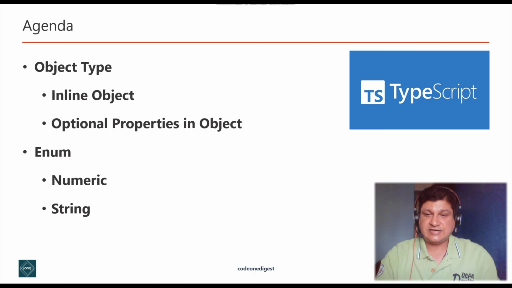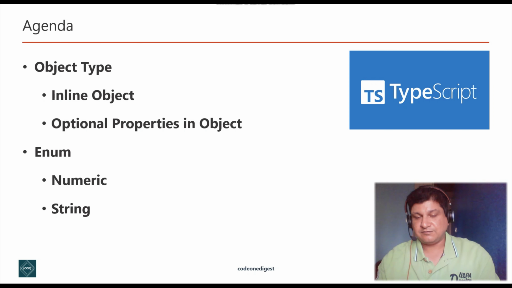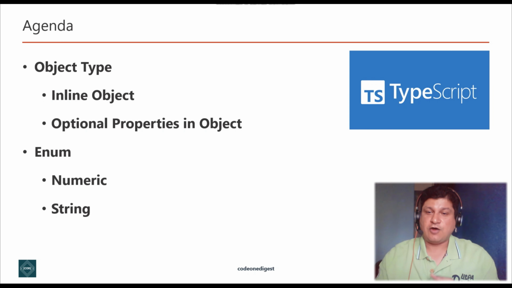Then we'll understand what is enum, what different types of enum we have, how to define numeric enum and string enum, how to use it, how to initialize it, how to set a custom value in enum, and so on. We'll see all of that. So stay tuned and watch this tutorial till end.